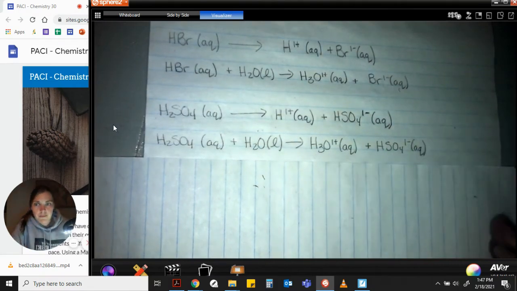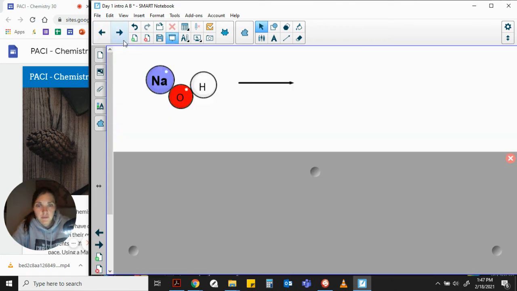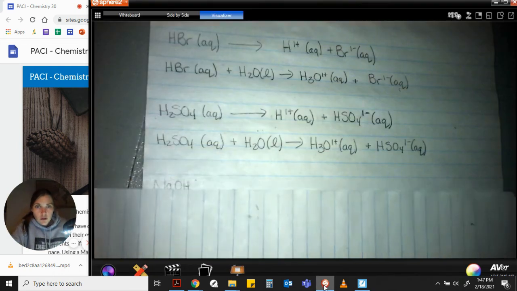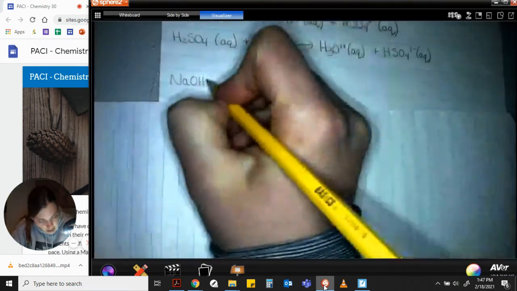So an Arrhenius base is going to be a compound that dissociates and produces a hydroxide ion. Okay, so pay attention to this because your Arrhenius bases are different than your Bronsted-Lowry, which is the next type that we're going to learn. So again, Arrhenius can only have that OH 1 negative that's produced. Okay, so if we're looking at the dissociation of this, we've got our sodium hydroxide.